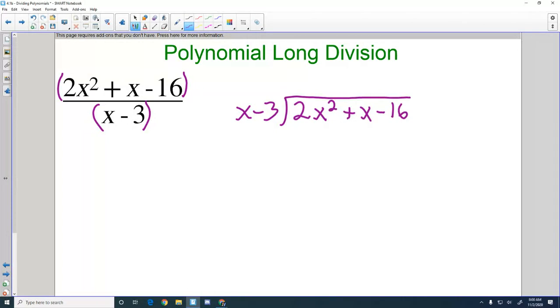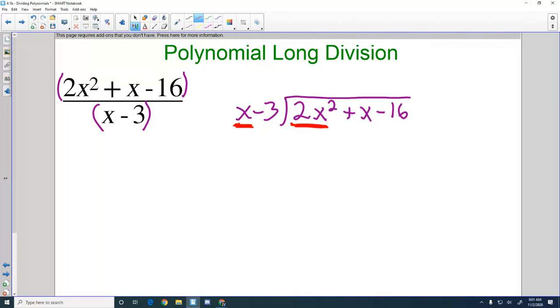Now here's how it works. You start by comparing the first term out in front to the first term underneath. You're asking yourself, what do I need to multiply x by to make it a 2x squared? You need another x, and a 2. I need to multiply by a 2x.